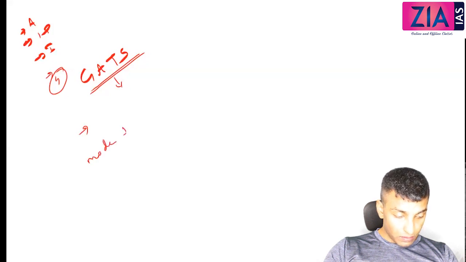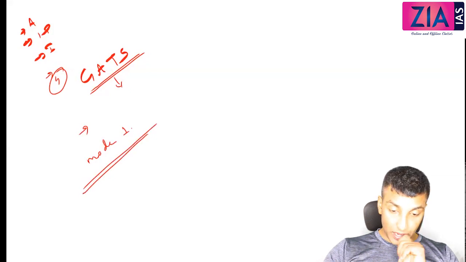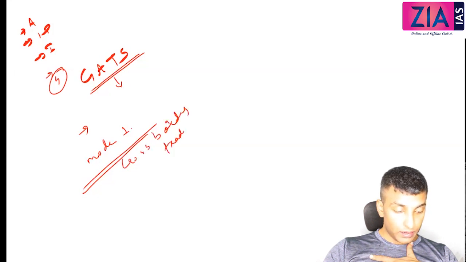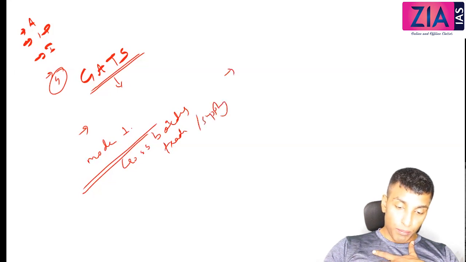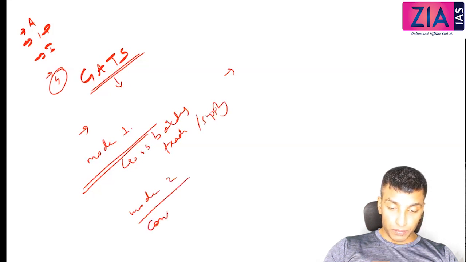Mode 1. Okay. So here, cross-border trade or supply. This is related to cross-border trade or supply. Mode 2, consumption abroad.